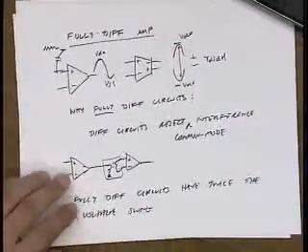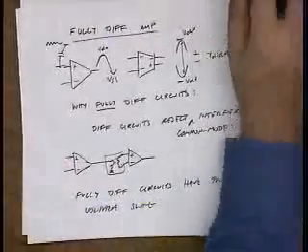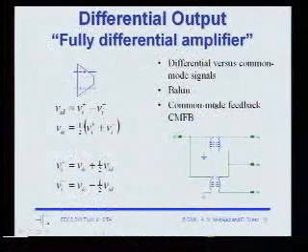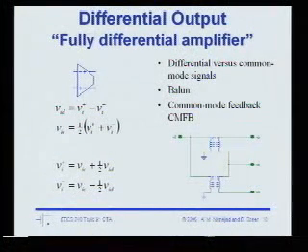Okay, so back to fully differential circuits. Actually, let's go back to the slide. One of the important things about differential circuits is that they respond only to differential inputs. Ideally, they completely ignore the common mode signal you give them. We characterize that by the common mode rejection ratio, and how much differential gain we have versus how much common mode gain we have.